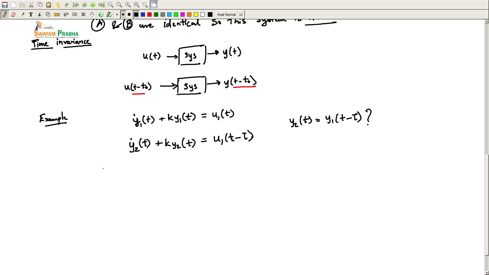So, what we will do is we will assume that this holds true and see how this works out. So, once we make this assumption, we will substitute it back into this particular equation.